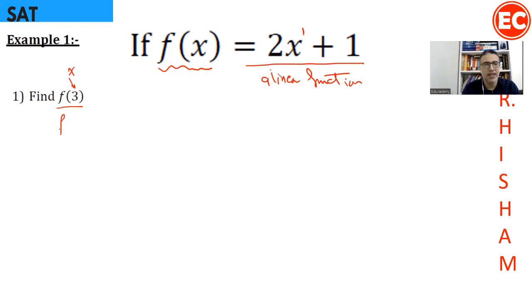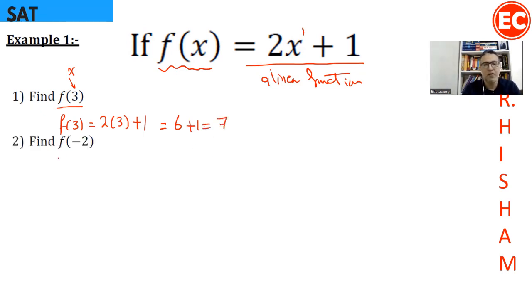So it's going to be 2 multiplied by 3 plus 1. Notice that in this example, the function is given. It's not graphed and it's not a table. So 2 multiplied by 3 is 6, and 6 plus 1 is equal to 7.